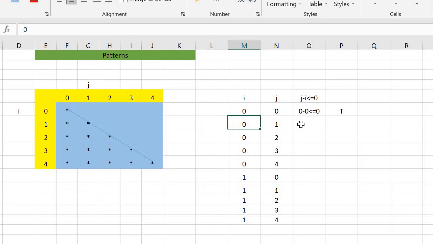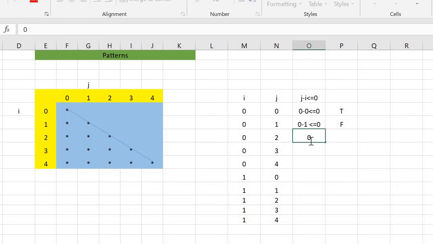Now for the next equation, it is 0 minus 1 is less or equal to 0. 0 minus 1 will be equal to minus 1, correct? And minus 1 is less or equal to 0. That is not true. It is false. Move on to the next. Therefore, if it is false, we have to print what? Space. Therefore, the space is being printed over here.